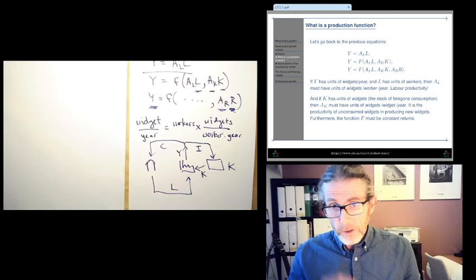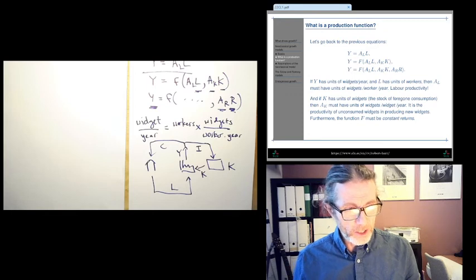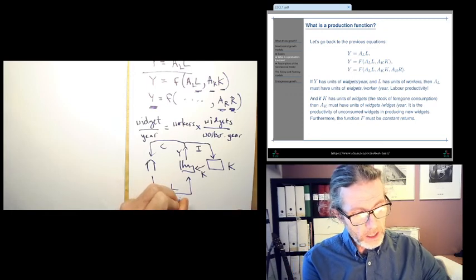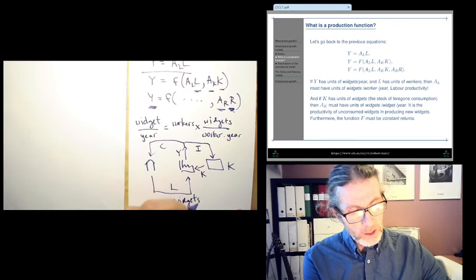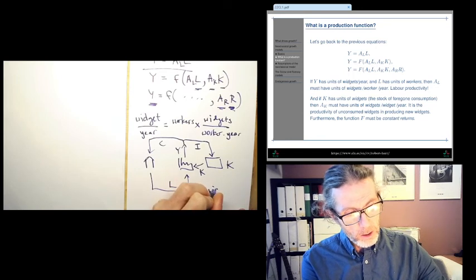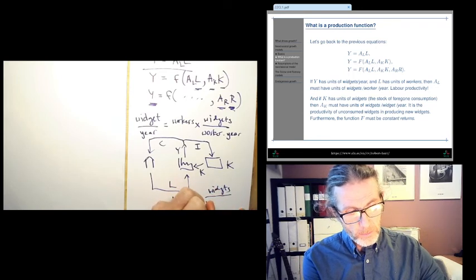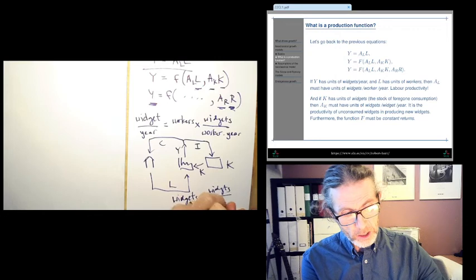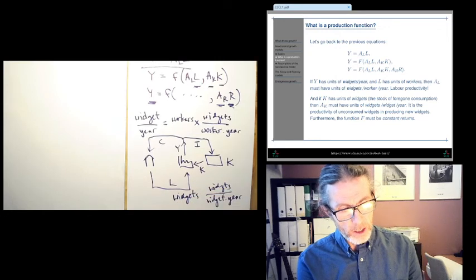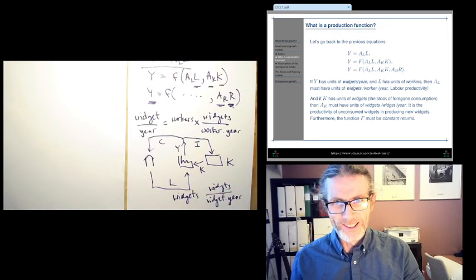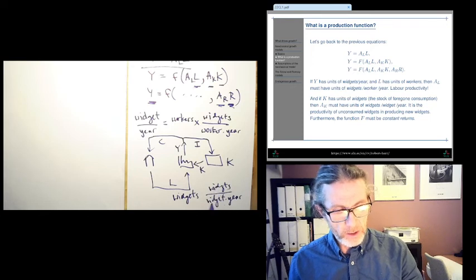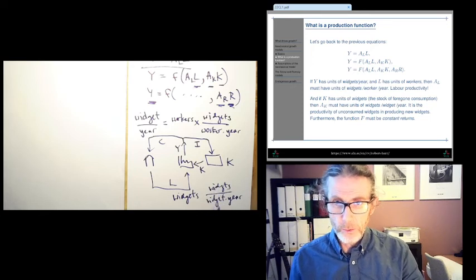So the units of K are actually widgets, which means that the productivity unit must be widgets per widget per year. But these are different widgets: these are produced widgets and these are capital widgets.